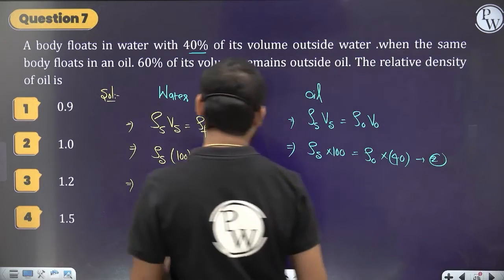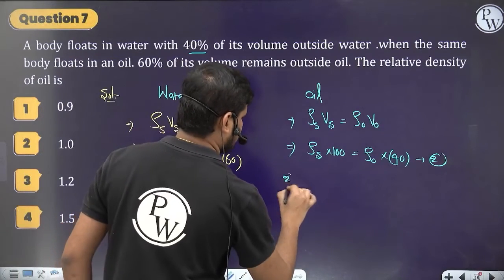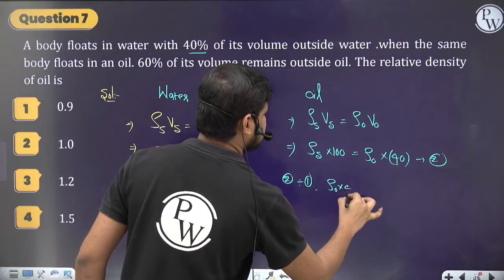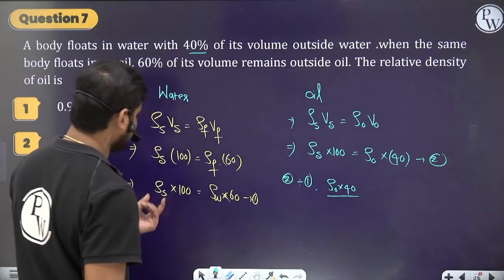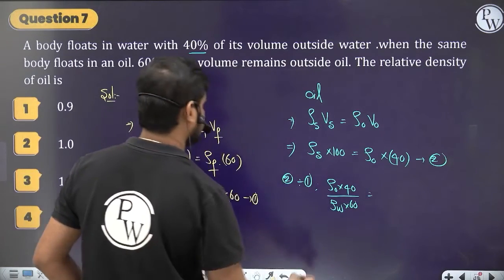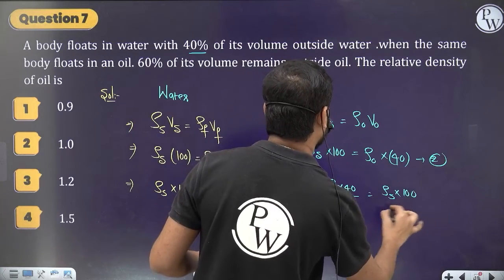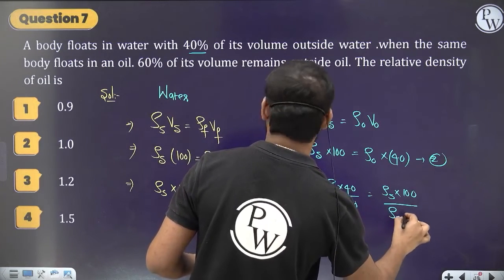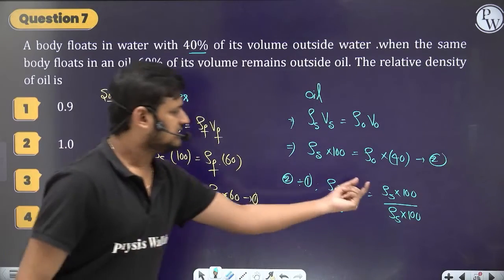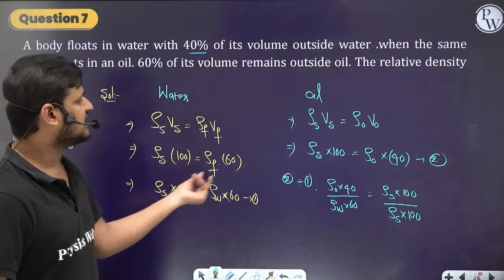So let's do one thing. I'll divide equation 2 by 1. So rho o by rho w into 40 by 60 is equal to rho s into 100 by rho s into 100. So the volume of the solid I consider as 100.